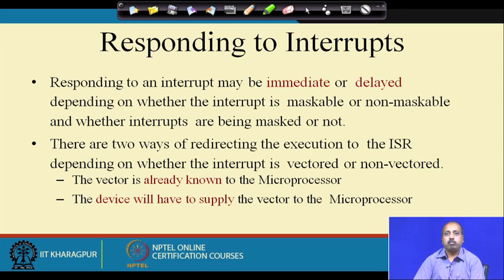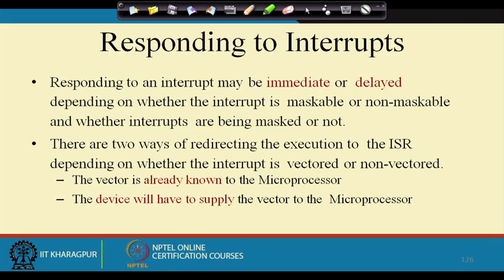If the interrupt is maskable, then the processor may find that interrupt sometime later when it tries to remove the mask for the interrupt. At that time it may find that some interrupt is waiting, and it will go to the interrupt service routine then. So, whether it is masked or not, based on that the interrupt service may be immediate or delayed.